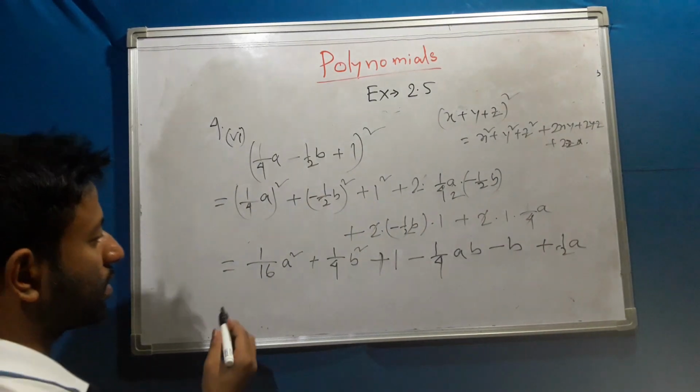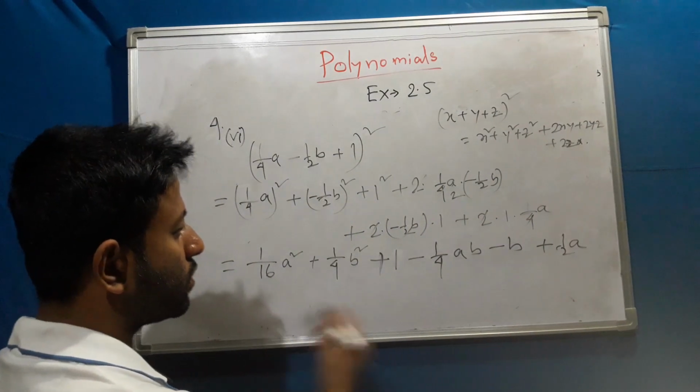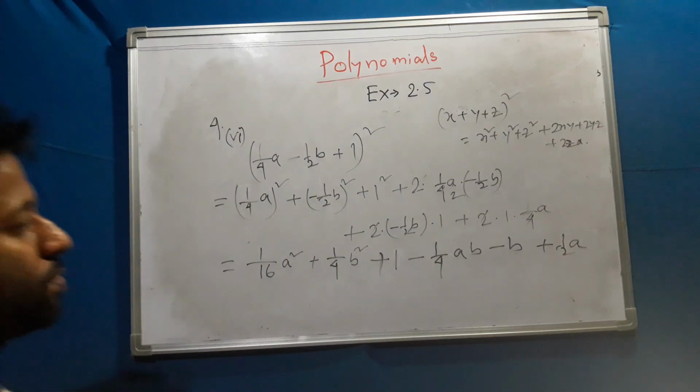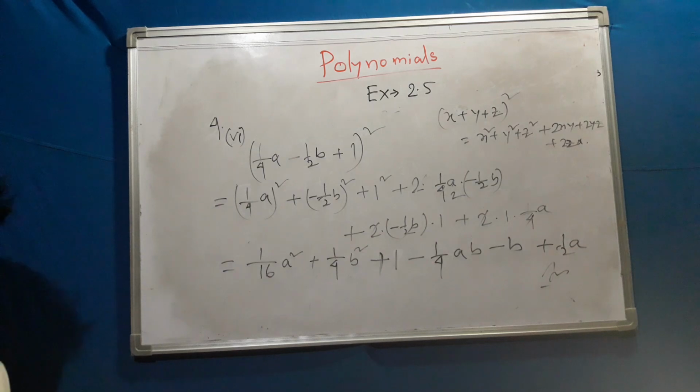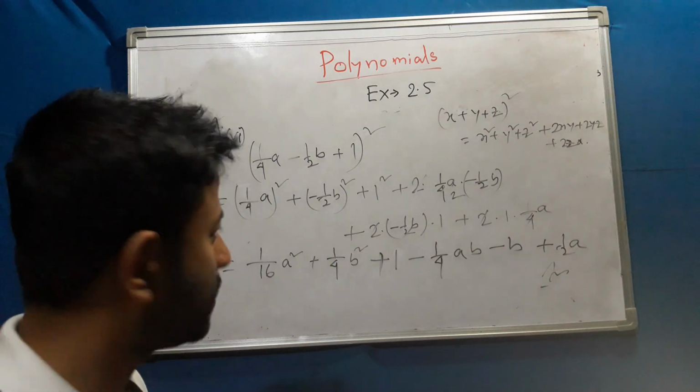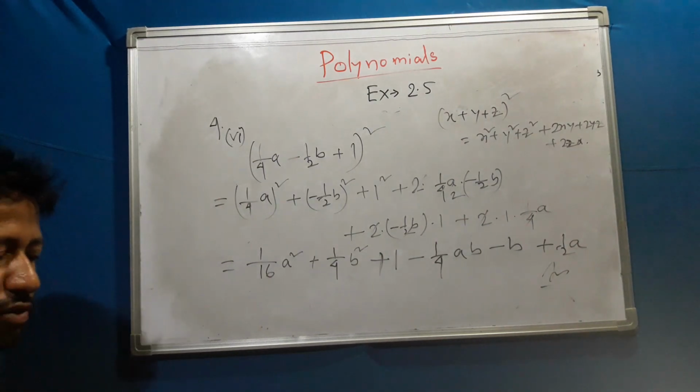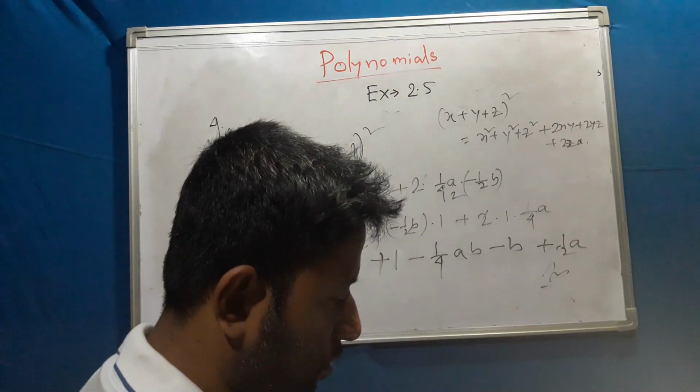Okay, so nothing more I can do. So this should be the answer. So in this way you have to solve the other questions also. Okay, the remaining questions 1, 2, 3, 4 I have not solved, and those should be solved by yourself.